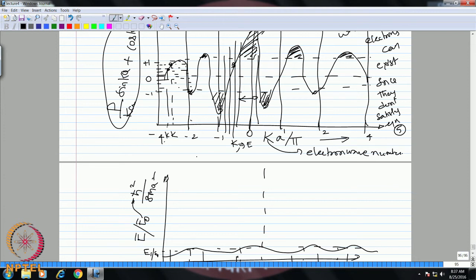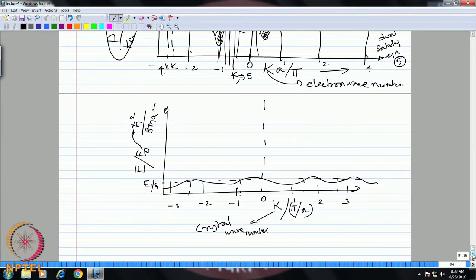So, you draw a vertical, that is one given value of energy. One given value of energy can take multiple values of this kappa a. Okay. And now, we are converting that plot into an energy versus crystal wave vector plot. So, this plot is called the dispersion plot, very important for solids.